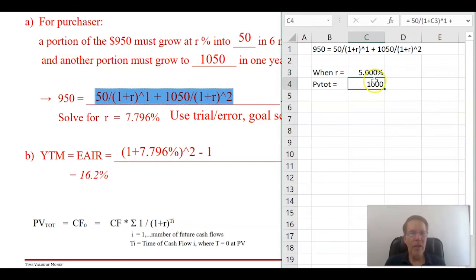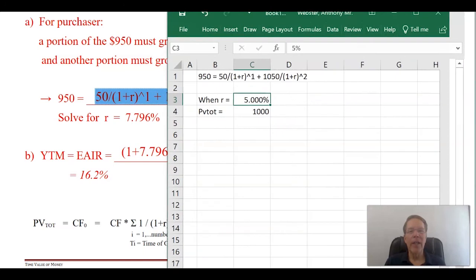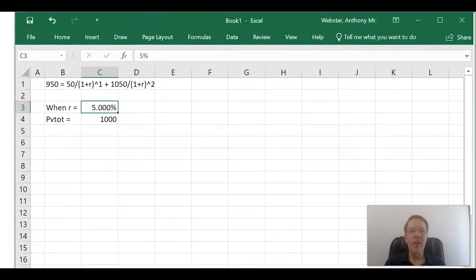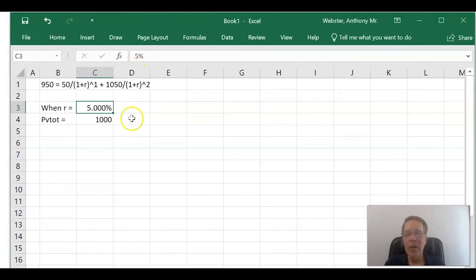When R is equal to 5%, we're up to 1,000. So 5 is too small, and 10 was too big, and that's all good and fine, but I am too lazy to do this over and over and over again iteratively, so I'm going to have Excel do it for me. So we want PV tote. We want to find the R that gives us the PV tote of 950 here.